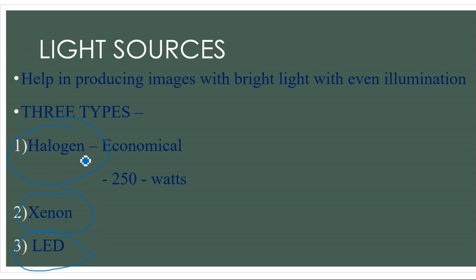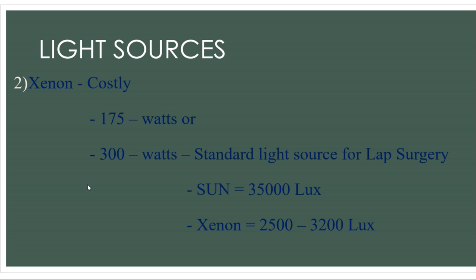Out of these three, the halogen is very economical, available with 250 watts. Halogen gives us yellow light with a yellow tinge. Xenon is costly as compared to halogen.